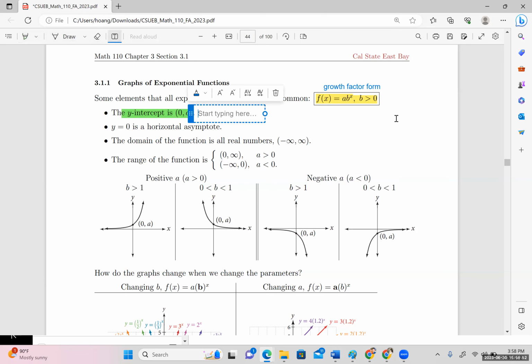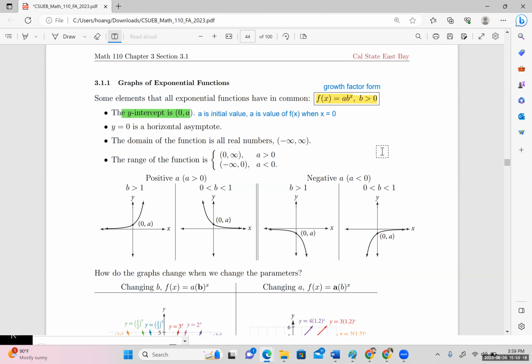A is the initial amount, the initial value. And also a is the value of f(x) when x equals 0.